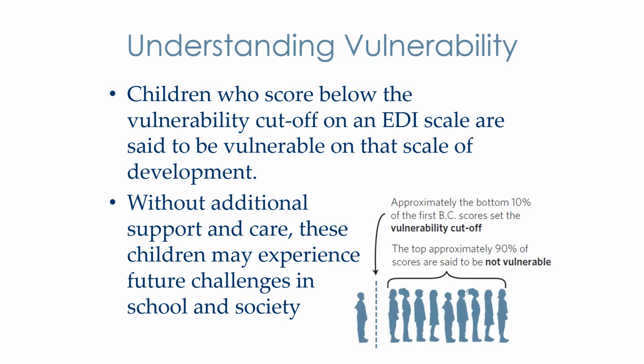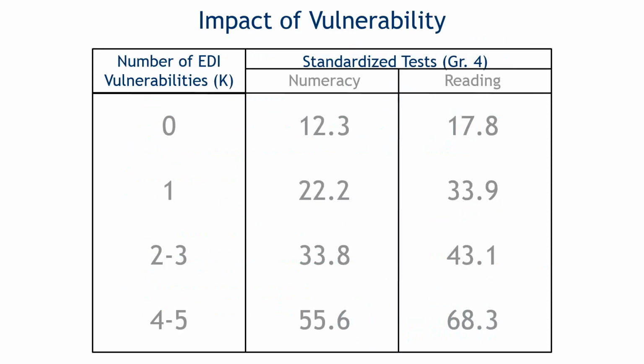So it's not the bottom 10% of children, but children who score in the bottom 10% of all scores. And we've learned over time that that vulnerability cutoff is really very predictive of how children are going to do later on in their school life.